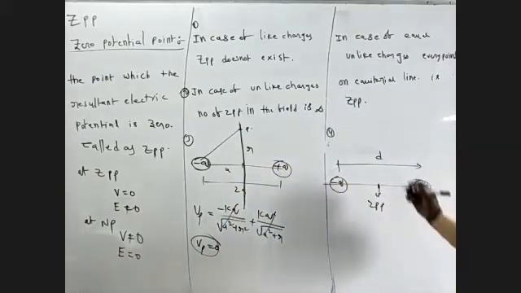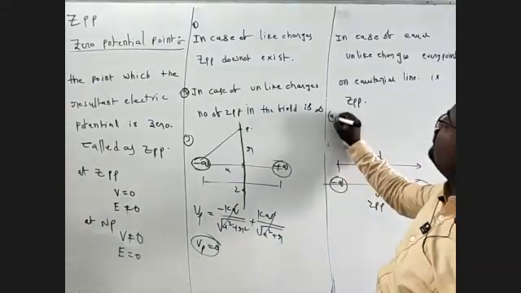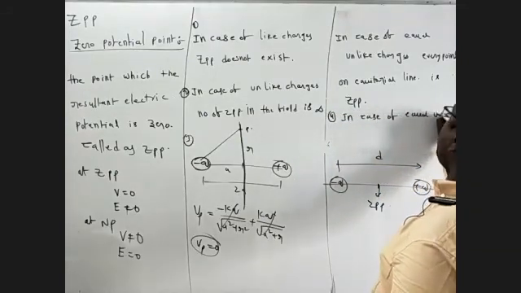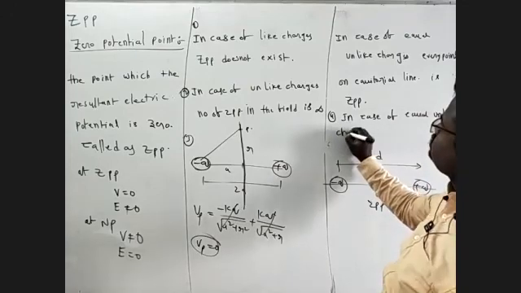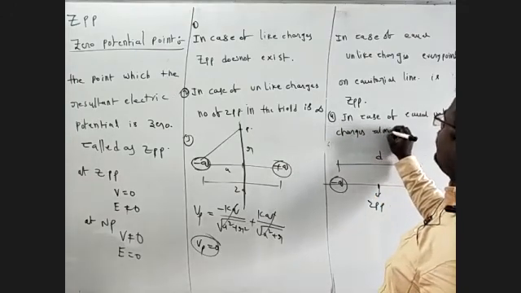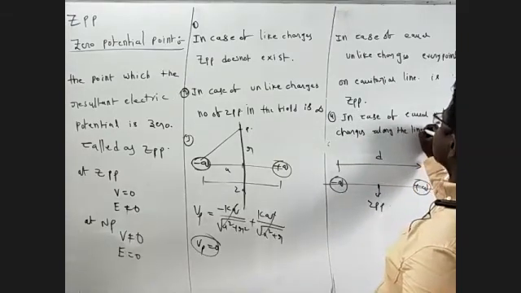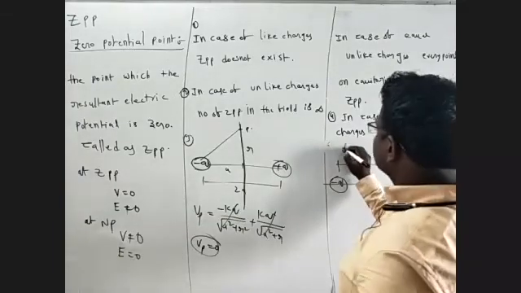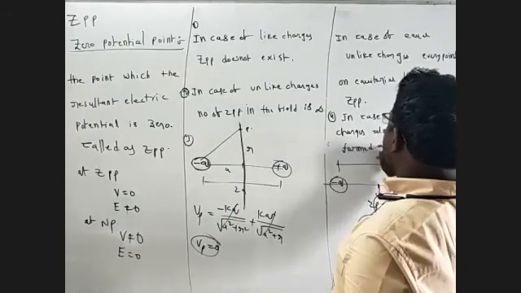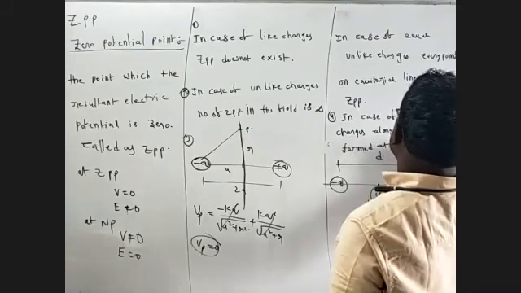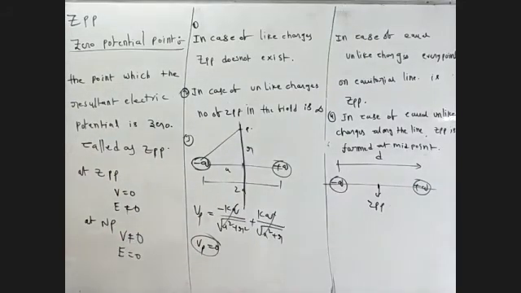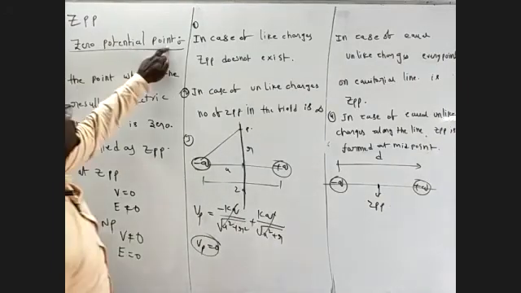So in case of equal unlike charges, along the axial line, a ZPP is formed at the midpoint. So this is a zero potential point.